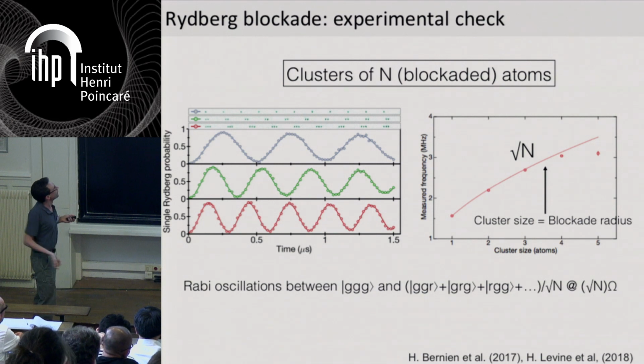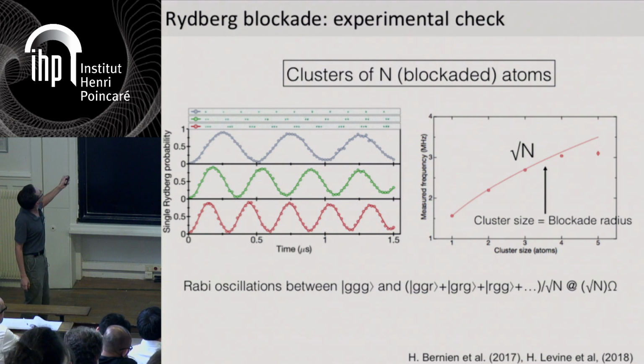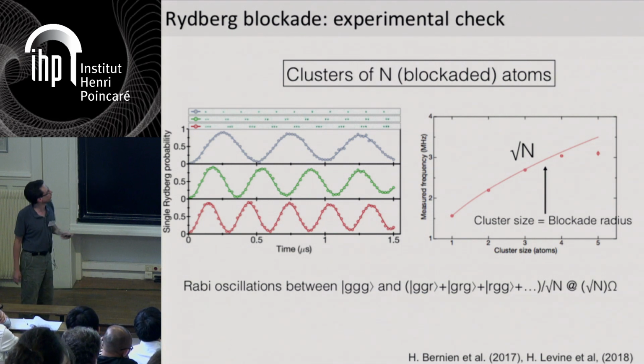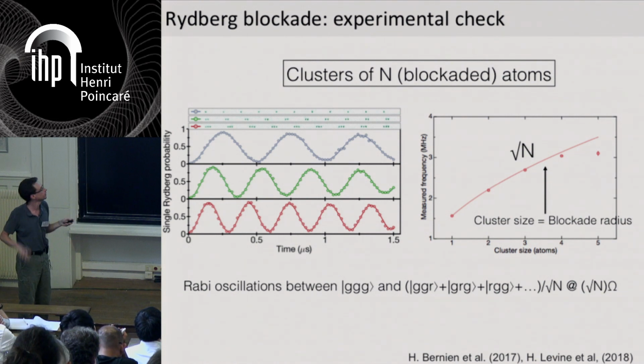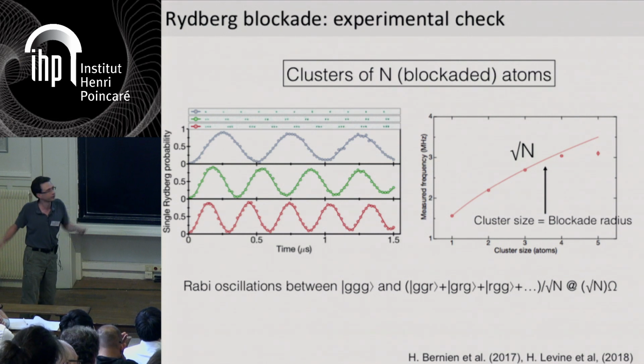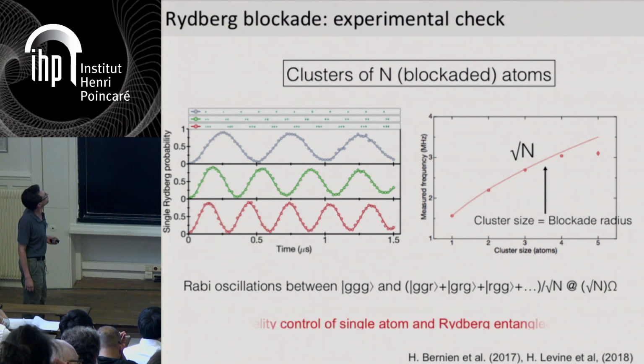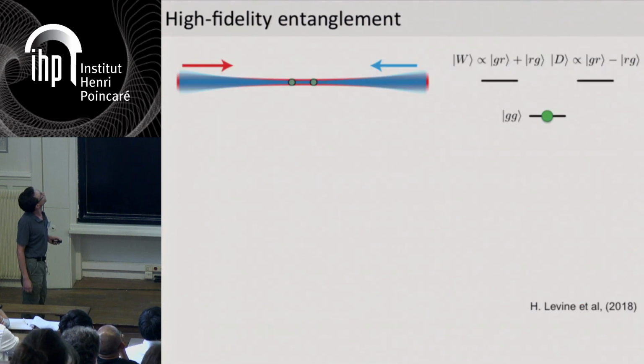Okay, so here we can pause and think again that these nice Rabi oscillations occur between the many-body ground state and this W state, where one Rydberg excitation is now shared, or delocalized, over all possible sites of the array.